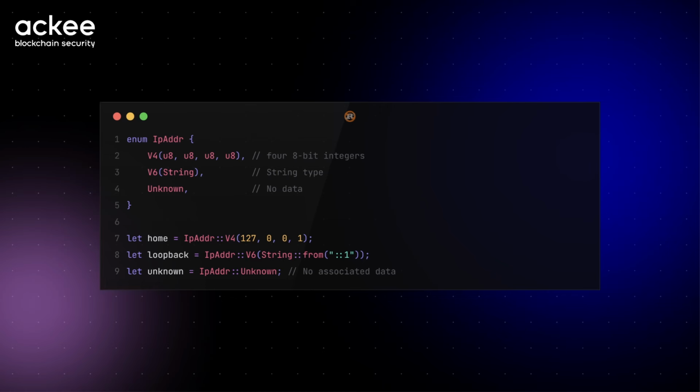For the v6, we have the string within the variant, and for the last one on line 9, where the variable is called unknown, we just specify that we want this variant from the enum, and then there is no associated data for that variant, or there is no additional data stored within the variant.